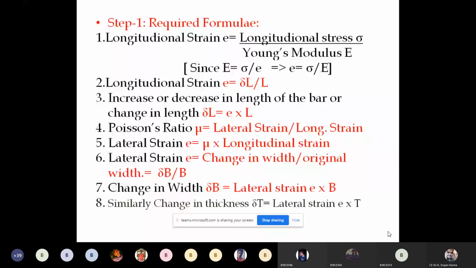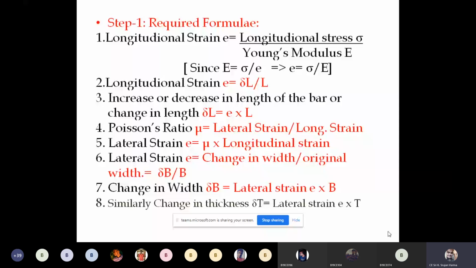Along the length direction, sir. That's why it is called longitudinal strain.